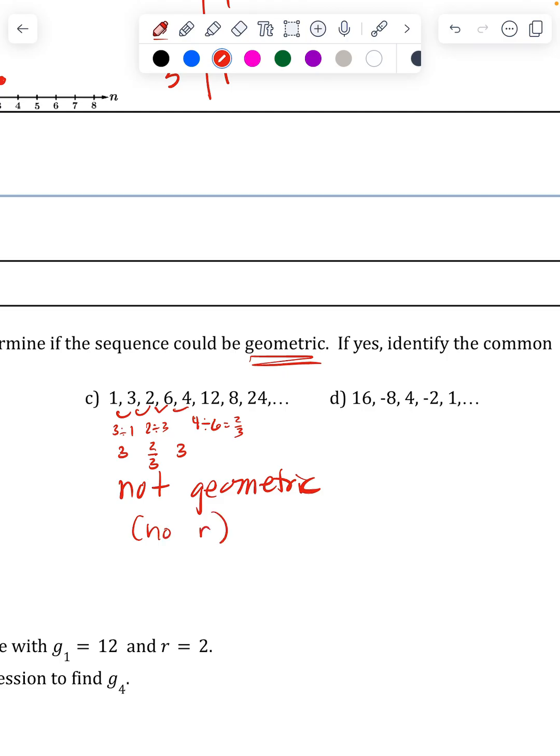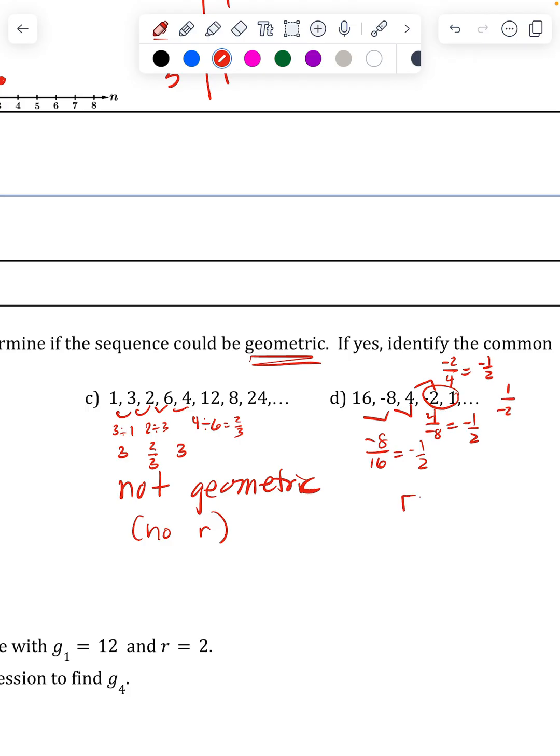no r value. Here, if I'm finding my r, I'd be taking any term over the term before it, and that would be -1/2. I would take the 4, divide by the term in front of it, and that would be -1/2. I could take the -2 over the term before it, and that would be -1/2. And my last combo is 1 over the term before it.